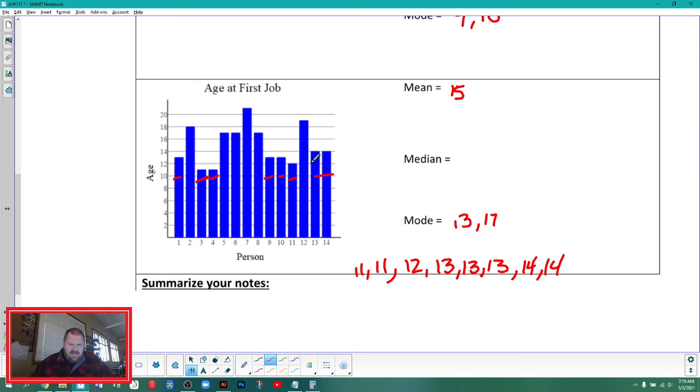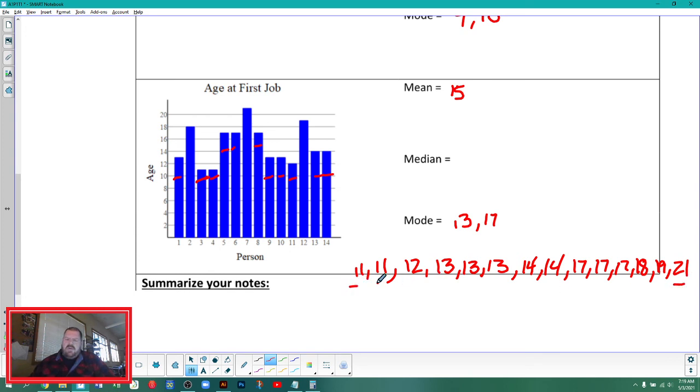I think my next biggest one, just checking here, got all those, are my 17s. There were 3 of those. 18, 19, 21. So for median, count our way in.